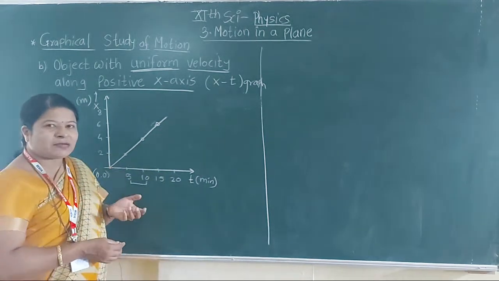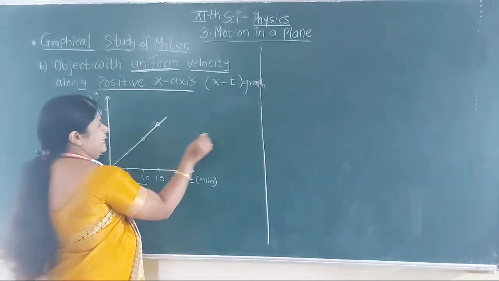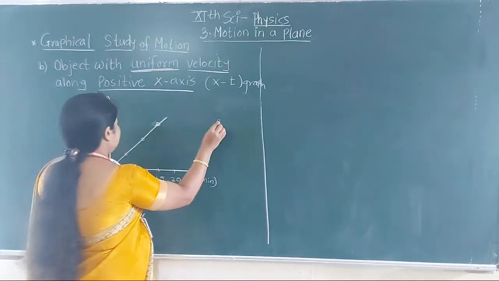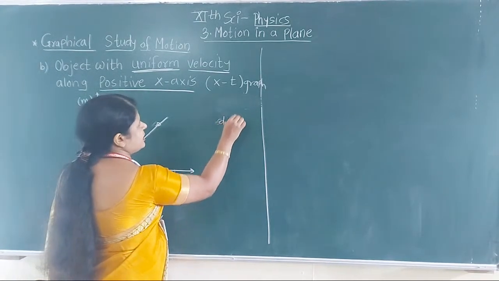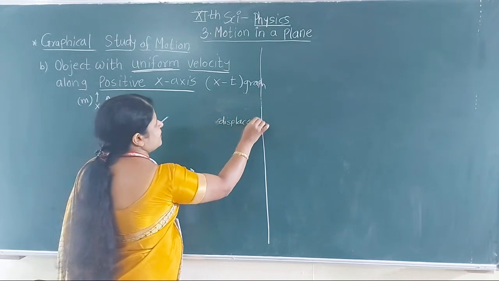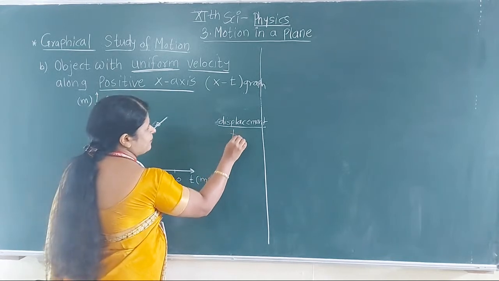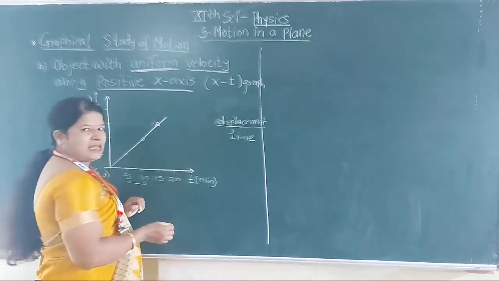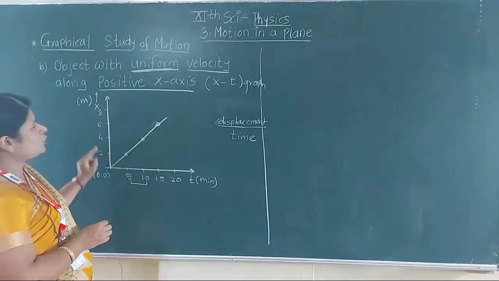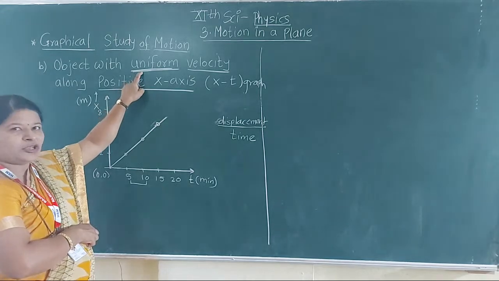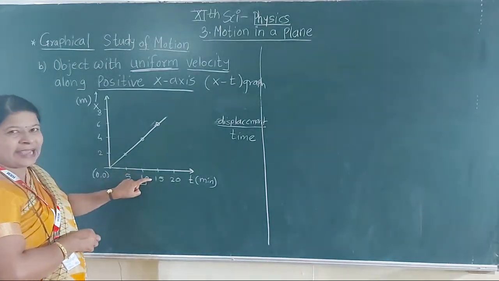Therefore, the object's motion is equal displacement of the object in equal intervals of time. In equal intervals of time, that means the motion of the object is uniform along the x and t axis.